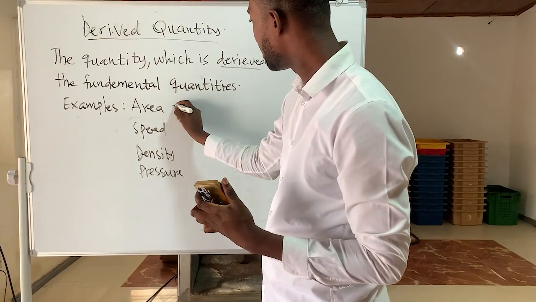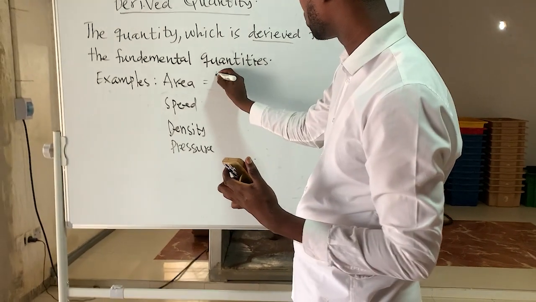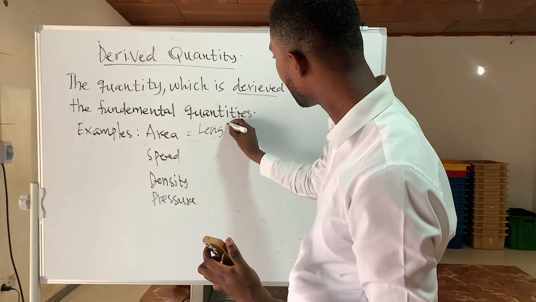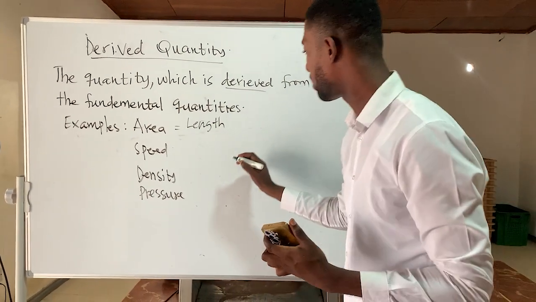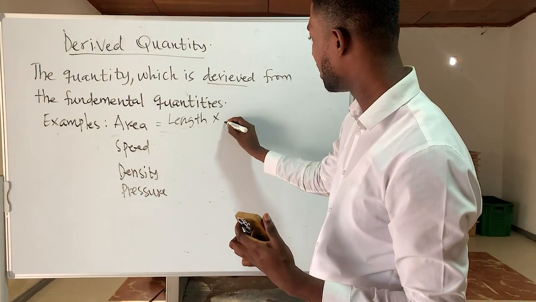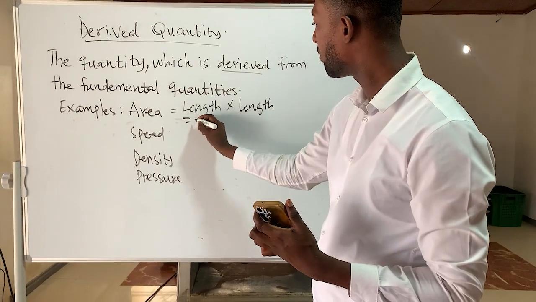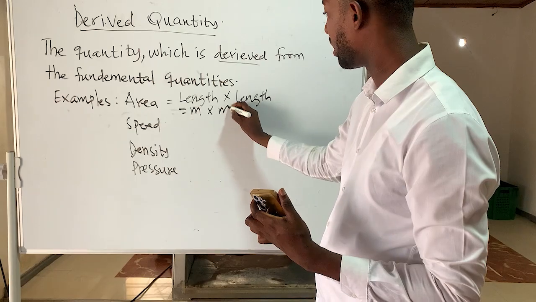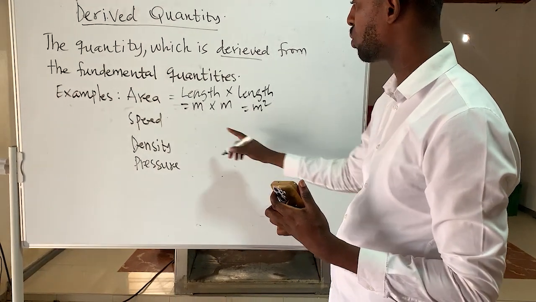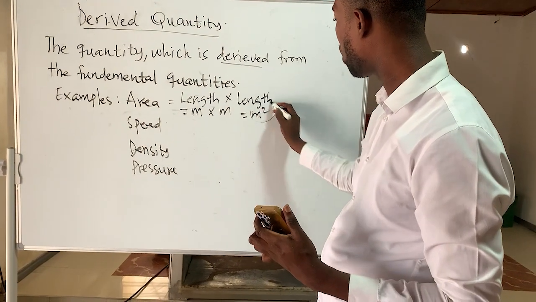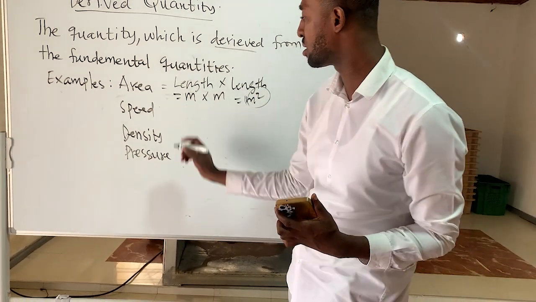Here, area of a square is length times length. So here we have meter times meter, which is meter squared. When I combine two lengths, I have what we call meter squared, which is a derived quantity.